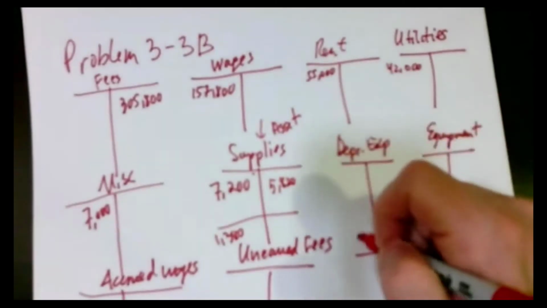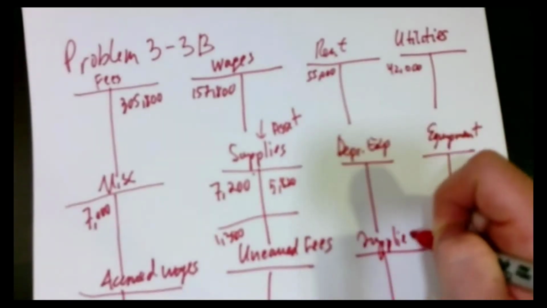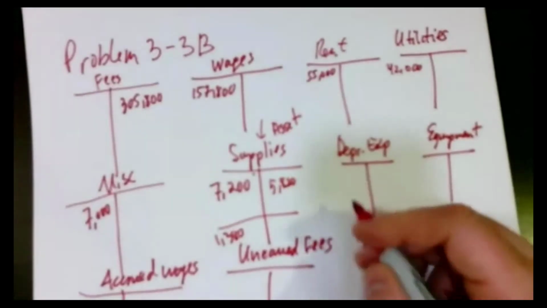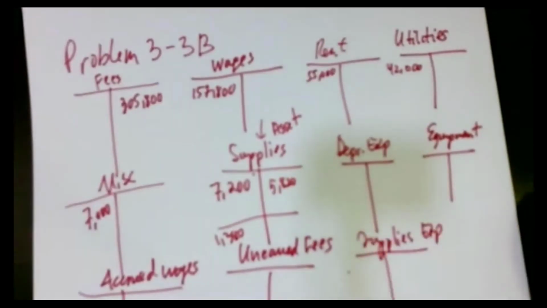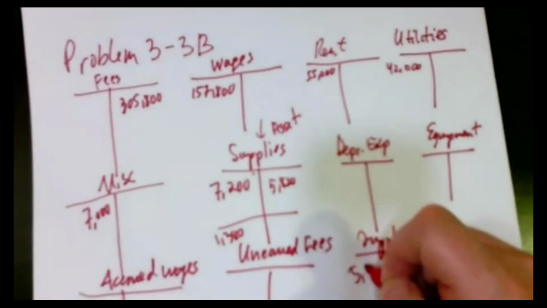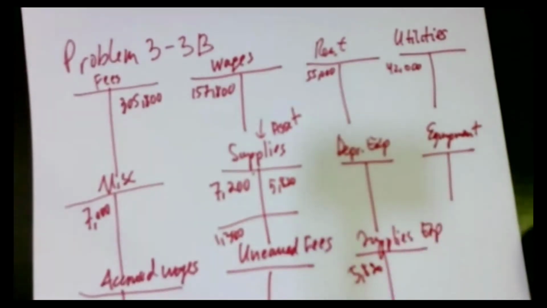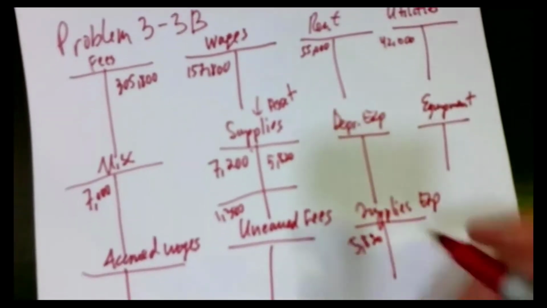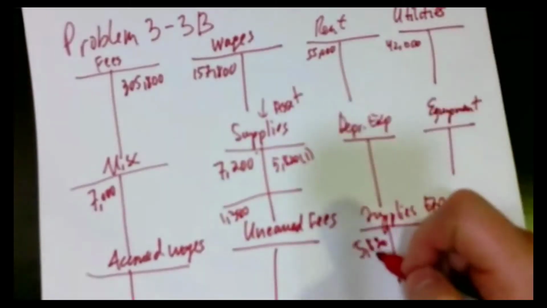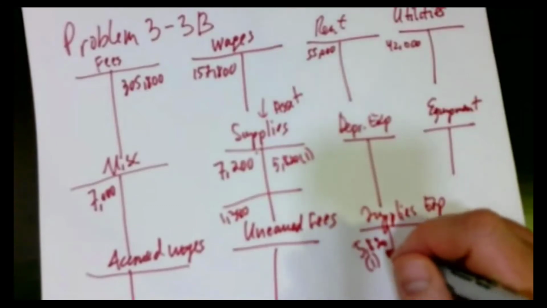It doesn't really matter. I'm going to put it as a separate supplies expense. That's 5,820, so you need to debit it. So that's the first adjusting entry here.